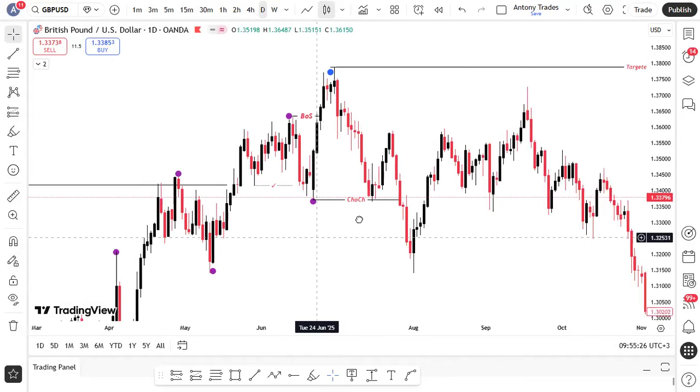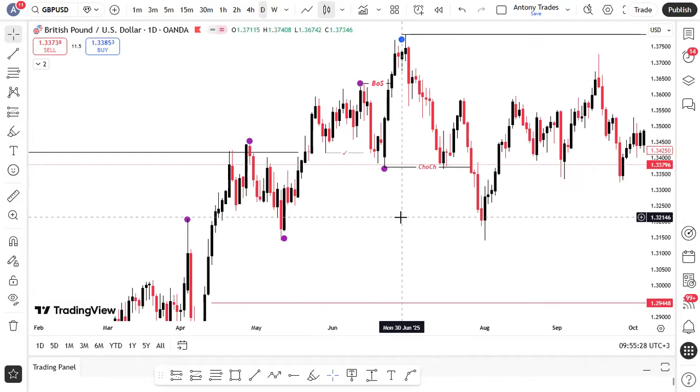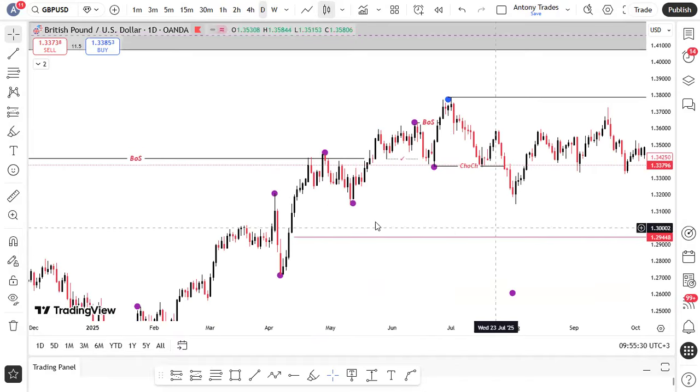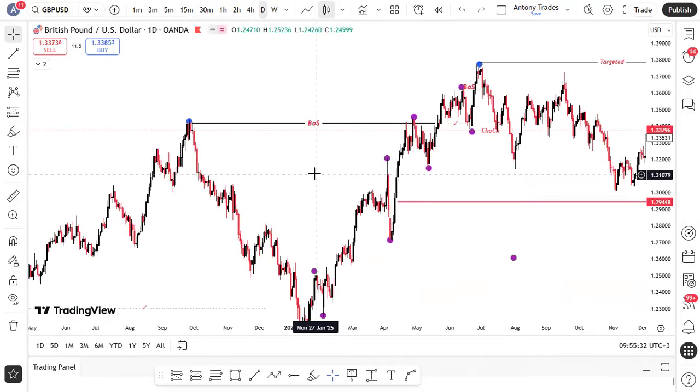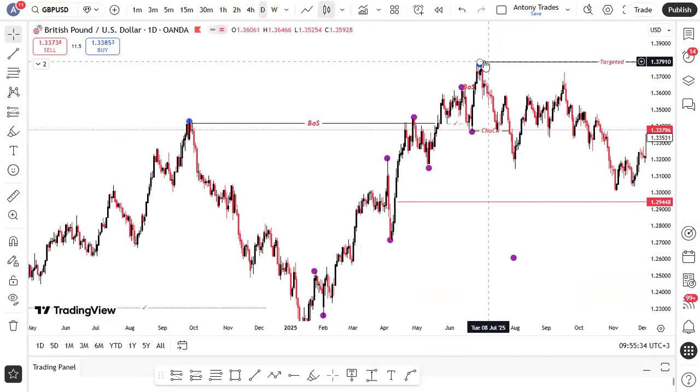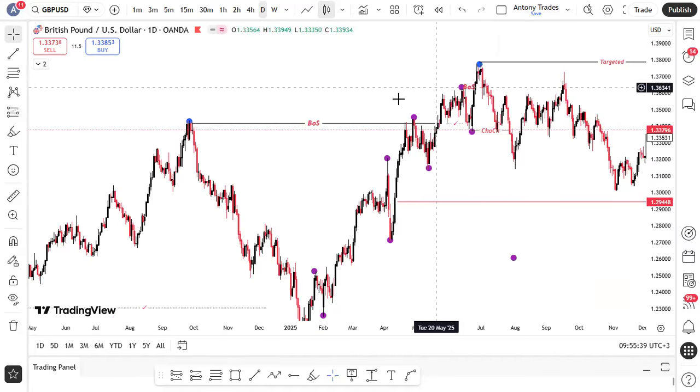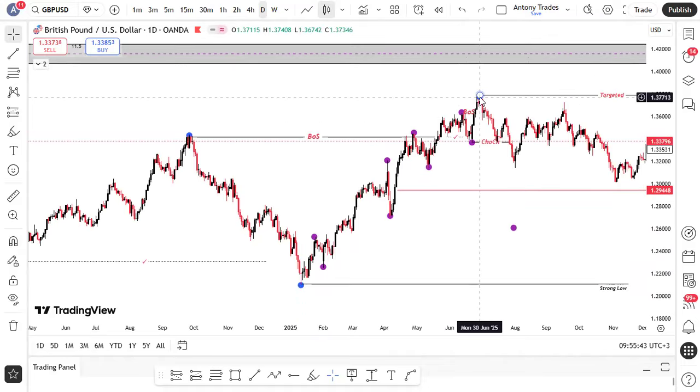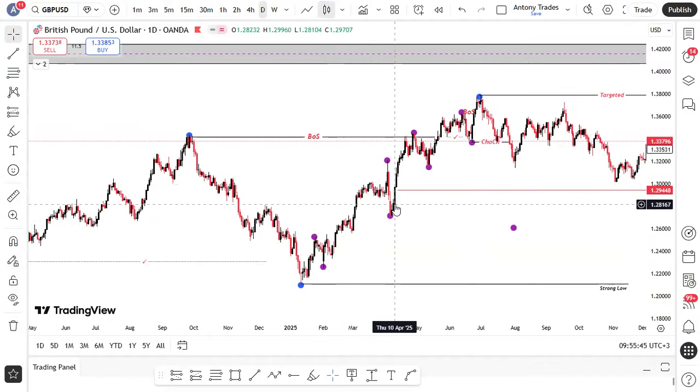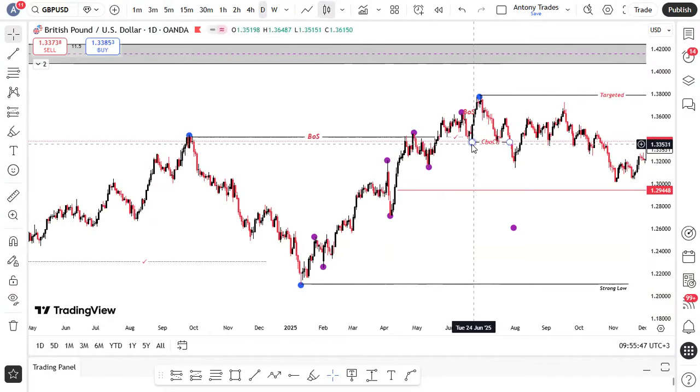And this is what confirms the swing structure, guys. That's how you confirm a swing high like this one. Until you see a change of character, we cannot yet confirm that this is our swing high, because the internal structure here was bullish until we had this change of character. But if you go to the weekly time frame, you cannot see that change of character.